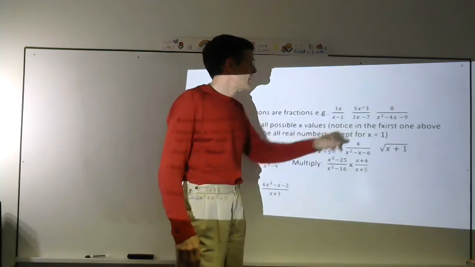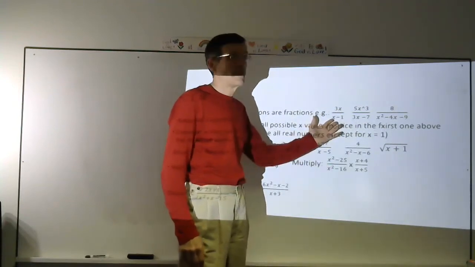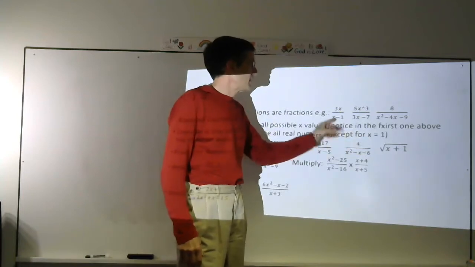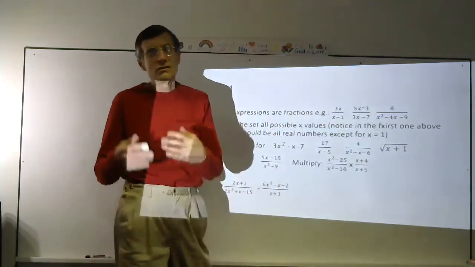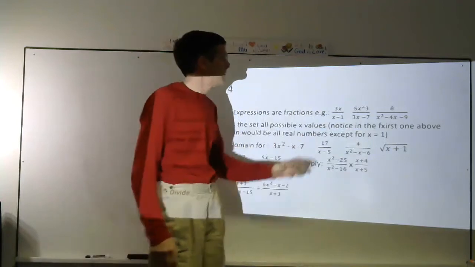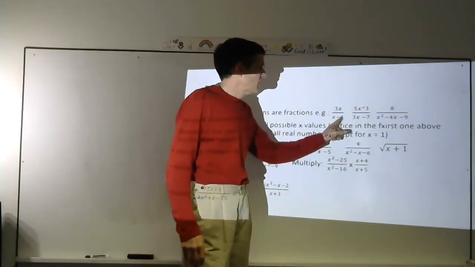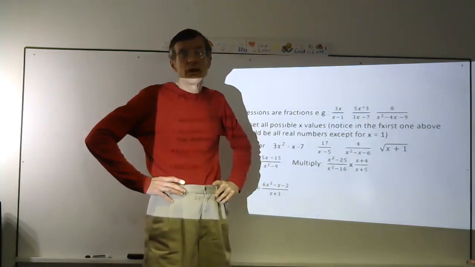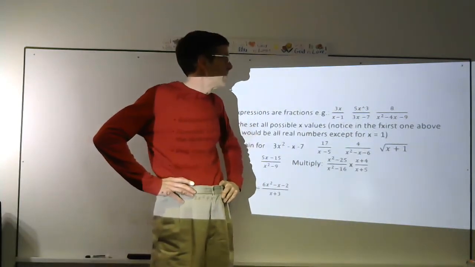X here can be anything except for 1, because you can get all kinds of ugly fractions and weird decimals and whatnot. But if x is 1, you have division by 0, and you can't divide by 0. It has no answer.